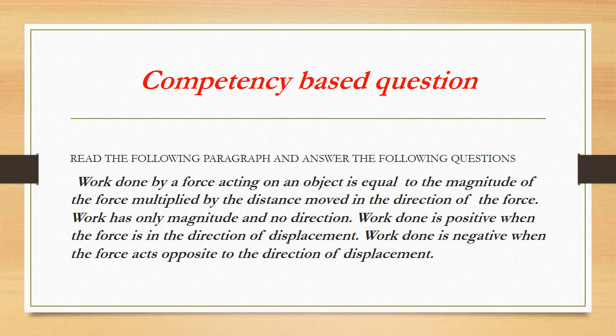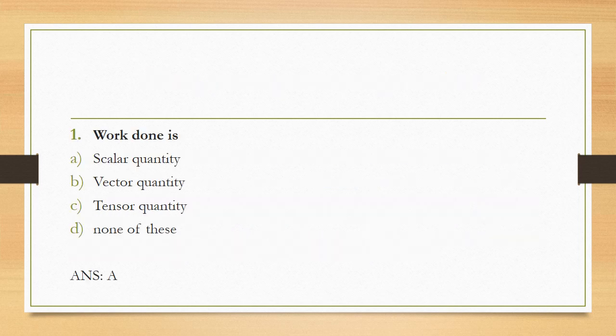Work done by a force acting on an object is equal to the magnitude of force multiplied by the distance moved in the direction of force. Work has only magnitude and no direction. Work done is positive when the force is in the direction of displacement, and work done is negative when the force acts opposite to the direction of displacement. The first question: work done is a scalar quantity.